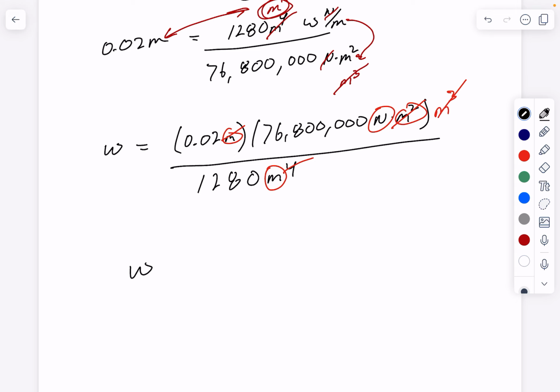And our final answer, just for fun, will be 1,200 newtons per meter.